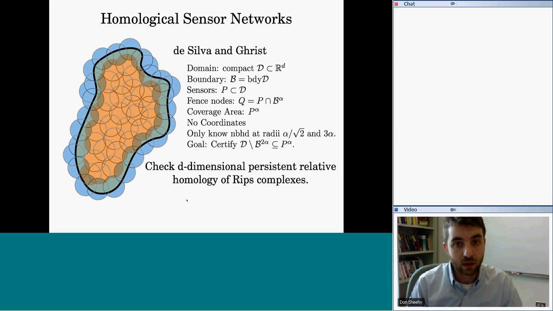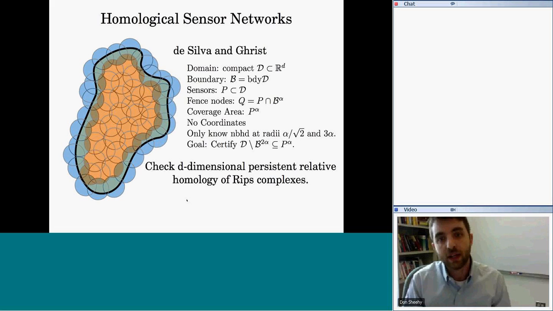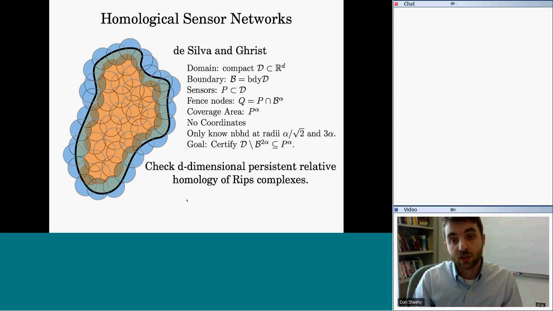And the goal is, given some compact domain, D, with boundary B, we've got what we'll call sensors, but really that's just points in the domain. And the so-called fence nodes, well, these are just the points of P that are within distance alpha of the boundary.